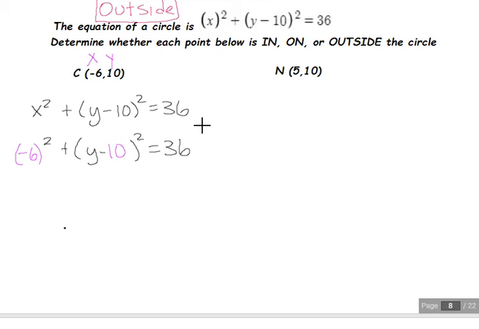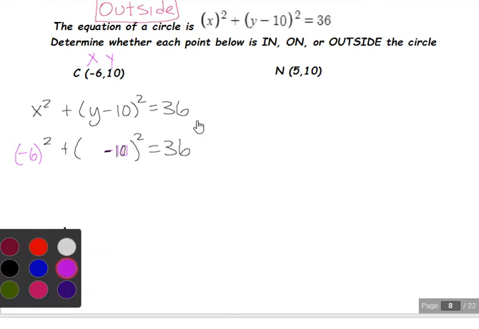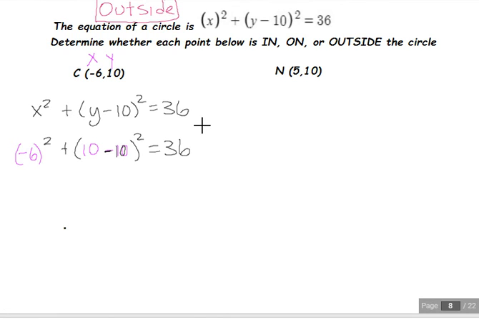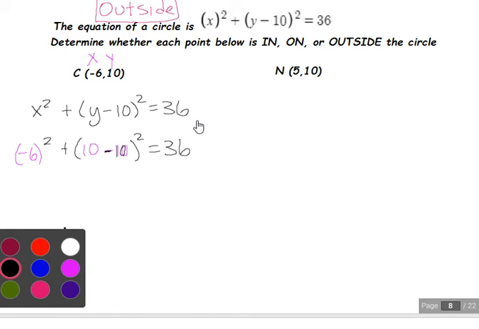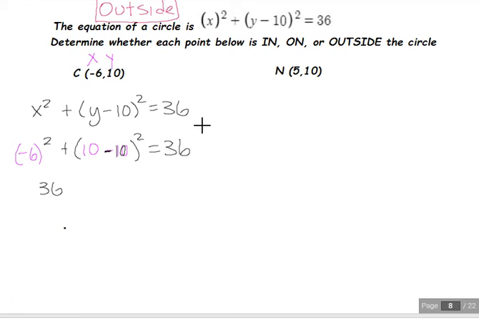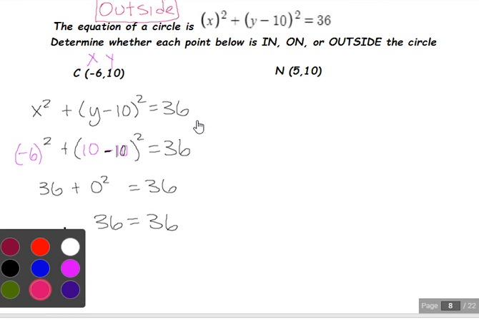Gotta pay closer attention. Okay, so that's going to be y minus 10. There we go. Okay, and that's going to be 10 minus 10. There we go. Now we're on track. 6 squared is always going to be 36, positive or negative. That's going to be 0 squared. Okay, so we have 36, same as 36. Since the distance and the radius are the same, this is on the circle.